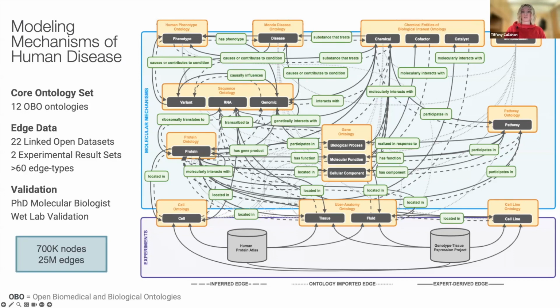Dashed lines represent relationships that are inferred from the relation ontology, and dotted lines represent relationships that already existed between the ontologies that we merged together. So the final knowledge graph used in study 2 was constructed from 12 different OBO ontologies, 22 linked open data sets, and 2 experimental data sets, and it ended up containing over 700,000 nodes and over 25 million edges, so not a small graph.